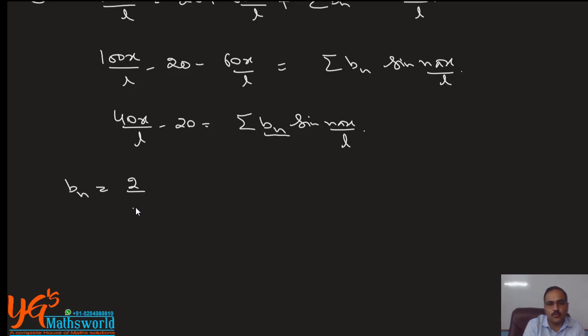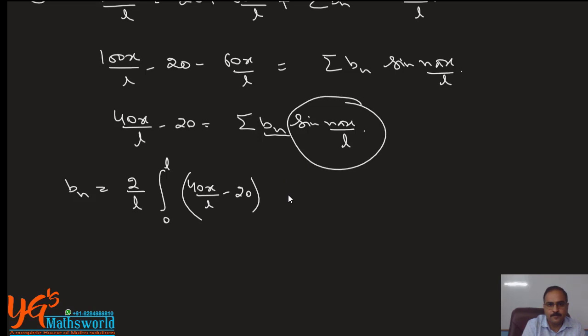That will be Bn is equal to 2 by the length of the rod, integral from 0 to the length of the rod, of 40x by L minus 20 into sine of n pi x by L dx.